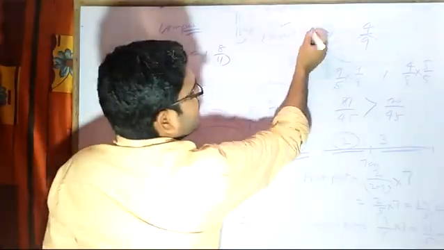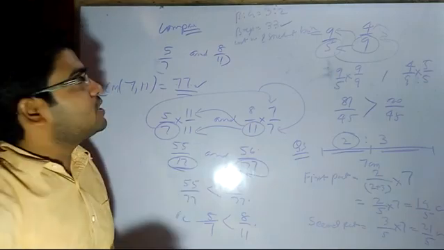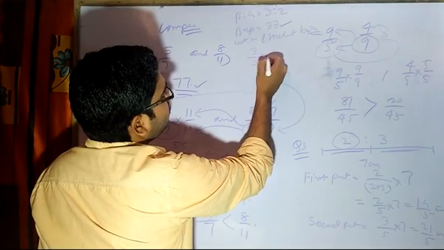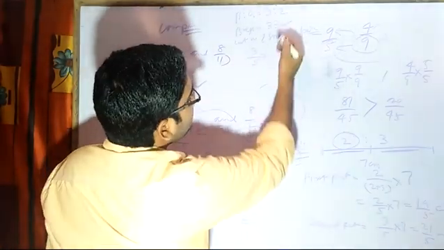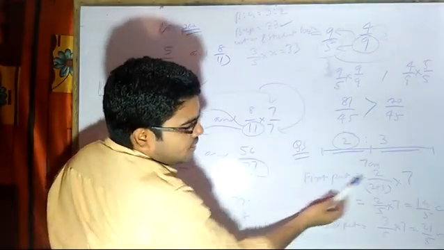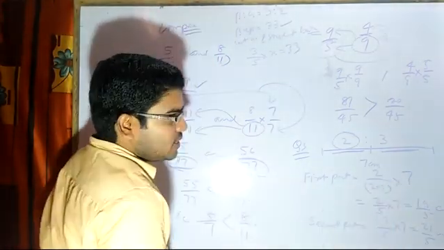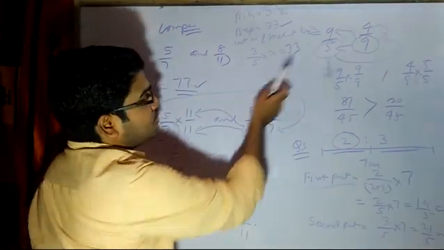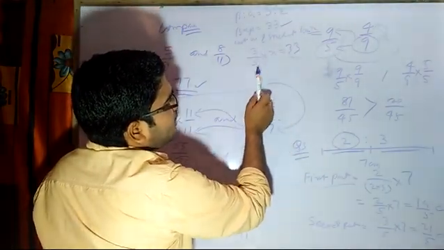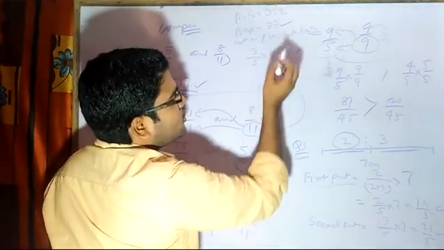If x is the number of students, boys and girls together, then I can write 3 upon 5 into x should be equal to 33. Yes or no? For the first part, we used to write that fraction part, and the first part is already given here. That means boys is already present here, 33 boys. So 3 upon 5 into total number of students is equal to 33.